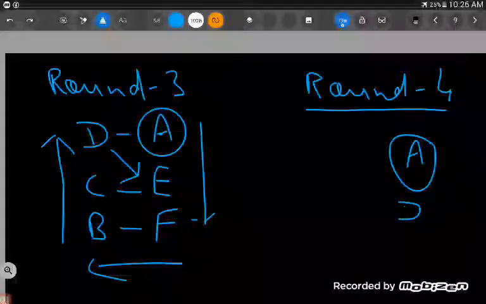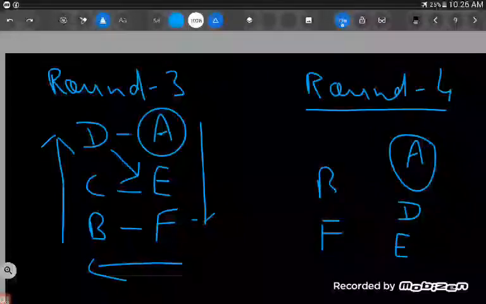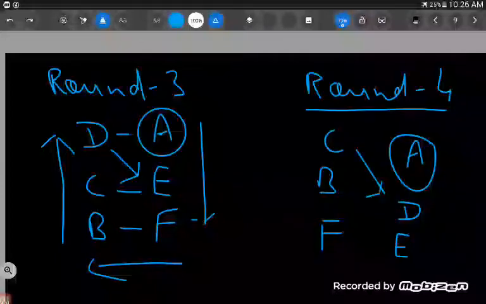D team. Other teams will rotate, meaning then E, then F, then B, then C. Again you will draw the arrow here.